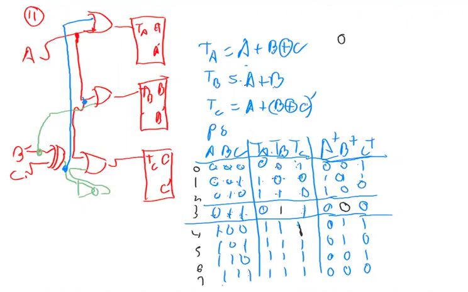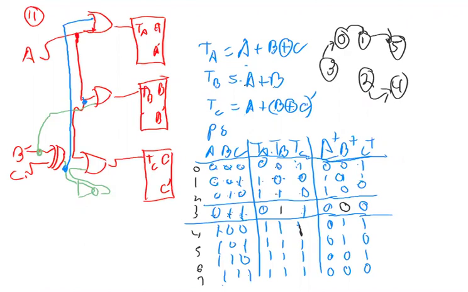0 goes to a 1. 1 goes to a 5. 2 goes to a 4. 3 goes to a 0. 4 goes to 7. 5 goes to 7. 6 goes to 7.